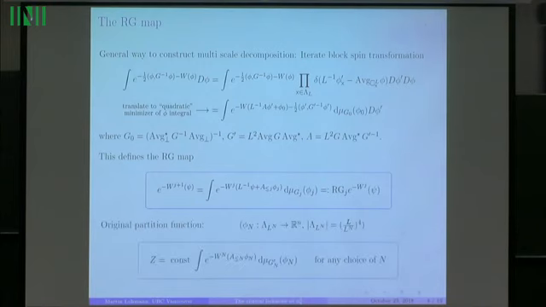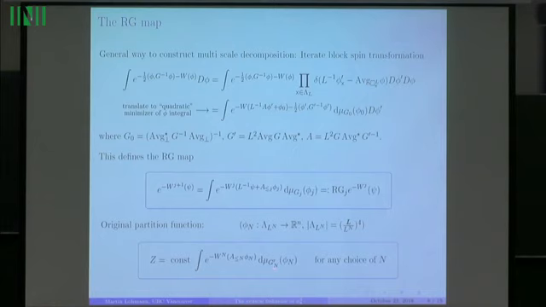And since this transformation just consists of inserting identities, what emerges is that you can compute your original partition function in terms of any of these effective interactions. So you can choose to iterate this transformation as long as you want. You can always compute the original partition function by integrating out the remaining scales in one step. And that's sort of the remaining propagator here.